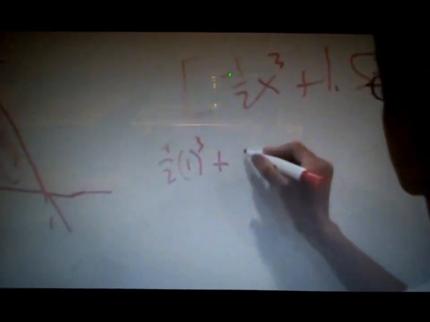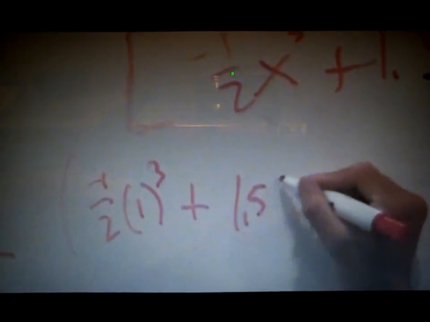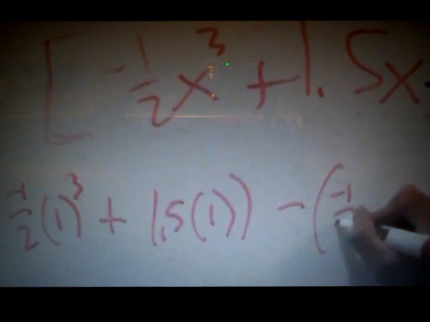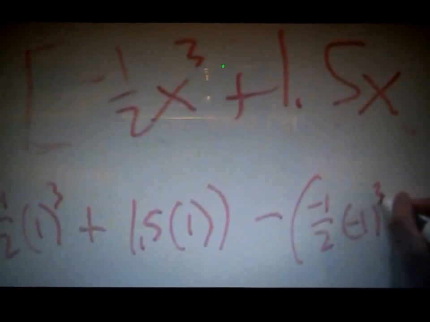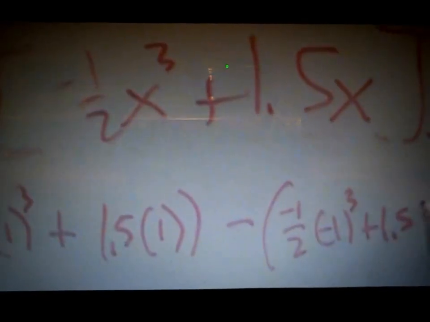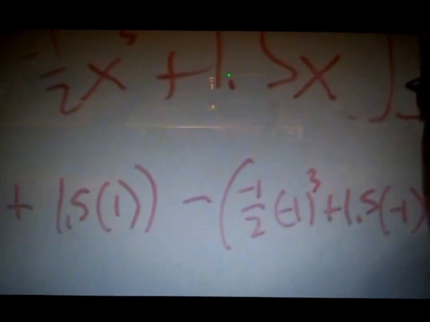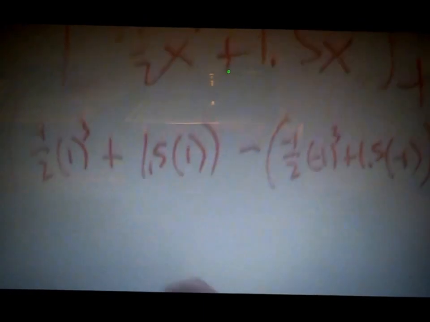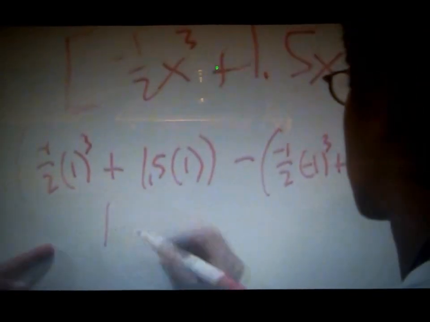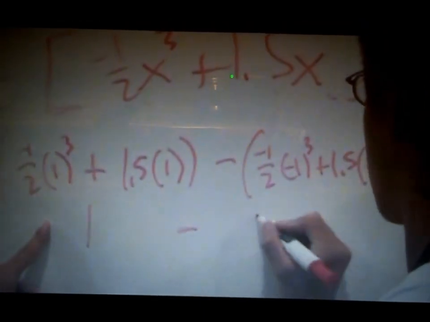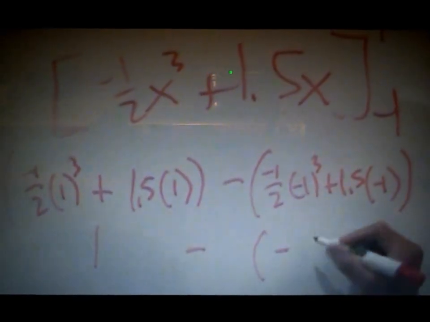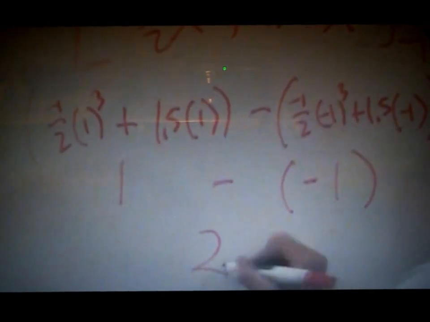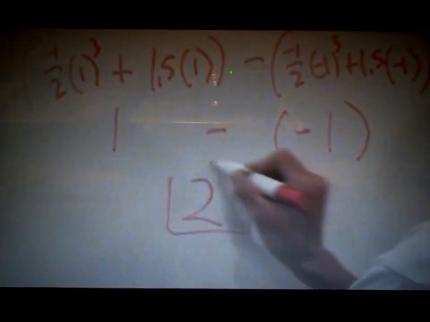You plug in b, which is 1, then a, which is negative 1. When you solve this one, you get 1, and you're subtracting a negative 1. So the area of this little shape right here is 2.